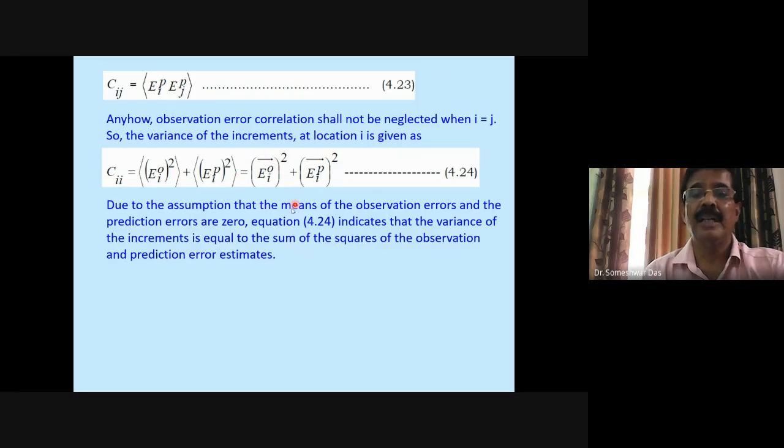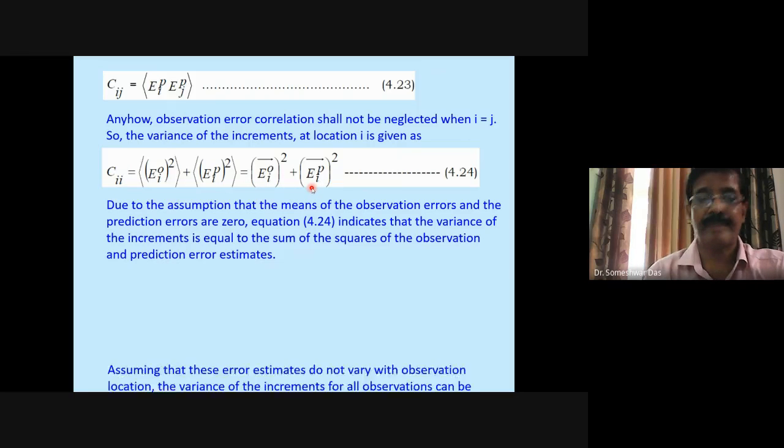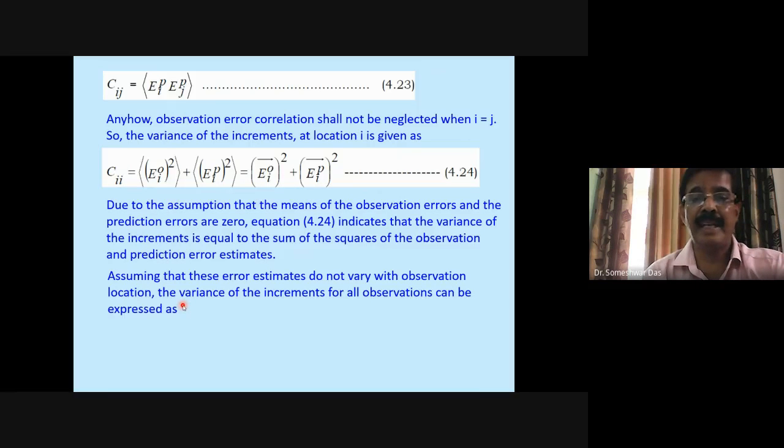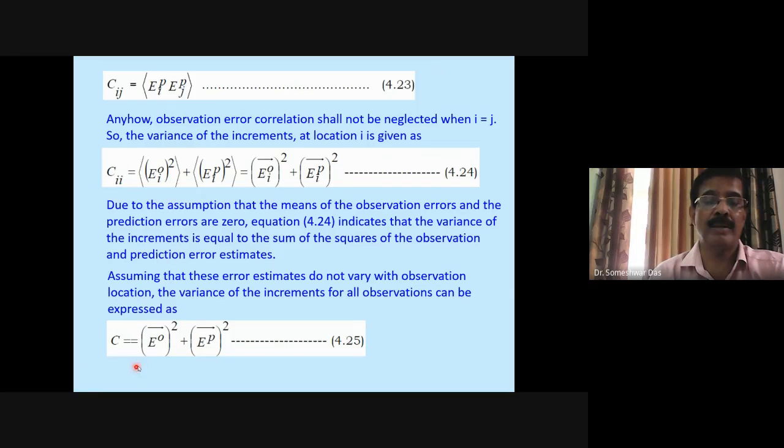This is the observation error estimate and this is the prediction error estimate, squares of the observation error estimate and the prediction error estimate at the point I. Assuming that these error estimates do not vary with observation location. See, observations are varying, but we are assuming that errors are not varying. The variance of the increments for all observations can be expressed as C is equal to square of the EO plus square of the EP.